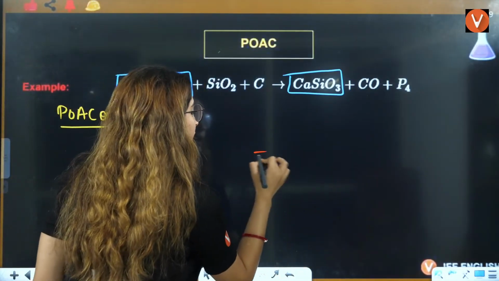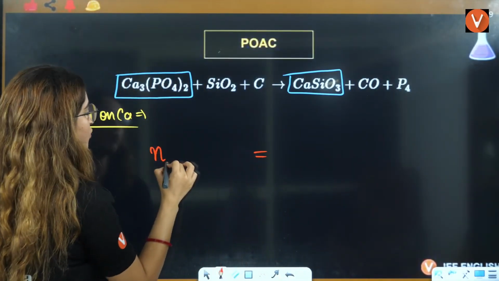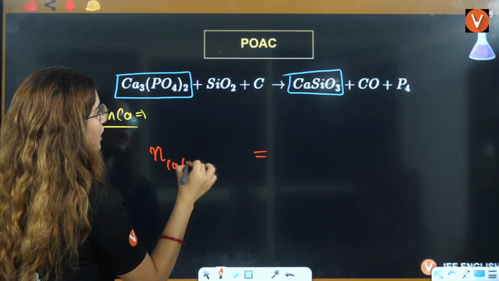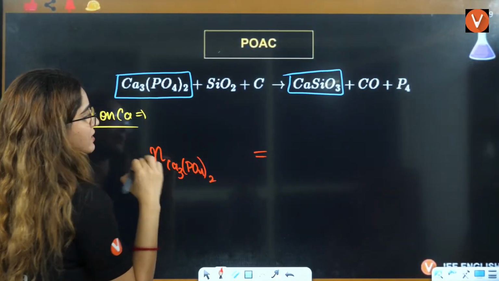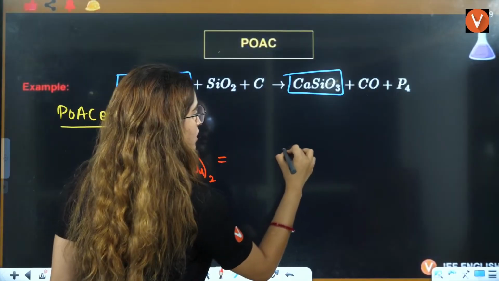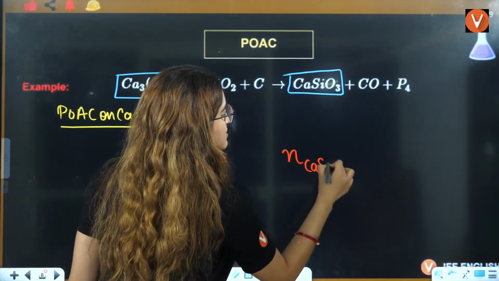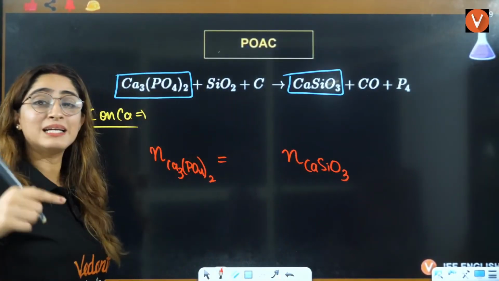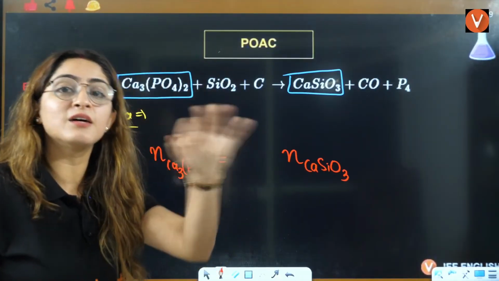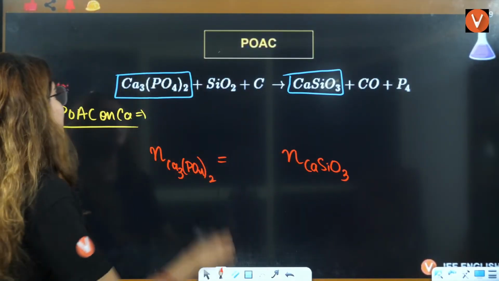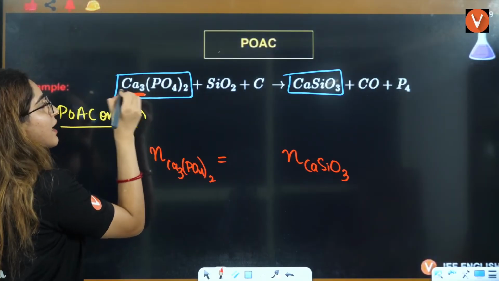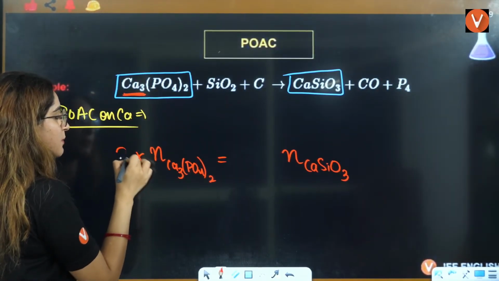Now I will equate this. This is number of moles of Ca3(PO4)2 equals number of moles of CaSiO3 multiplied by the atoms that are there of calcium. In this, how many atoms of calcium are there? 3 atoms, so it will be multiplied by 3.